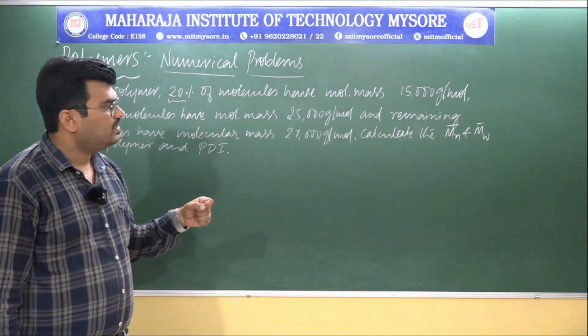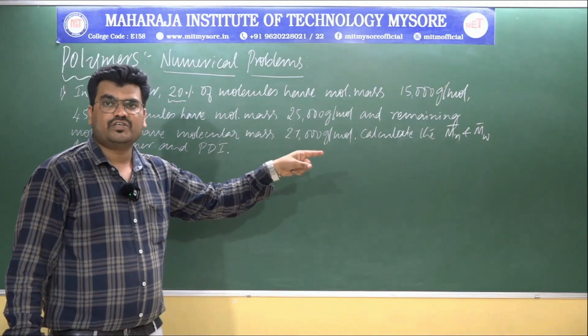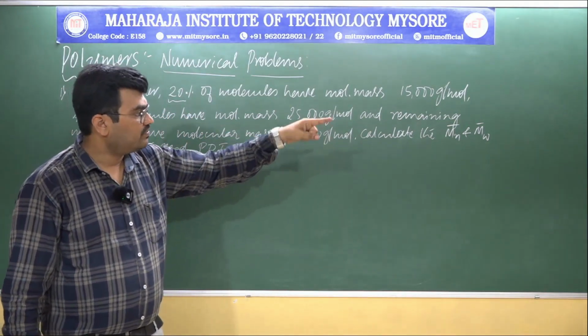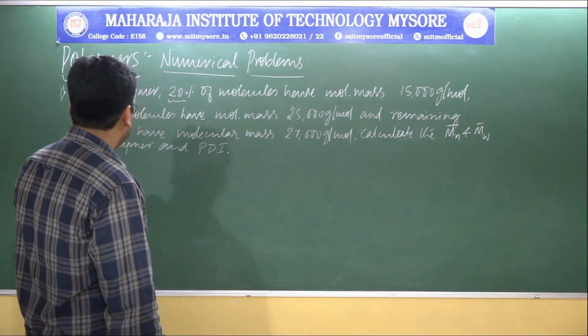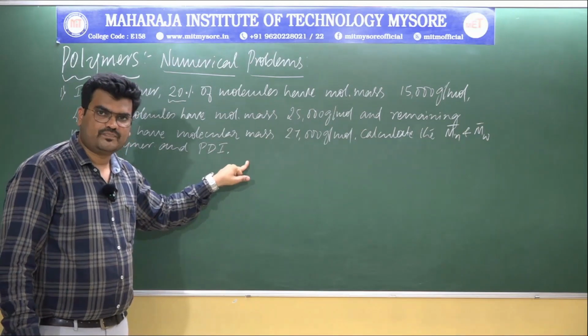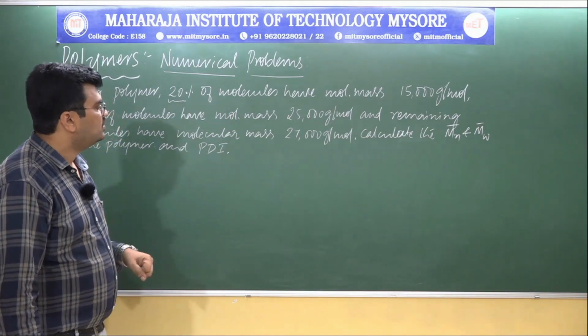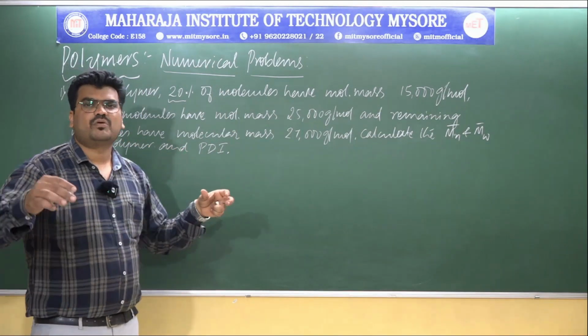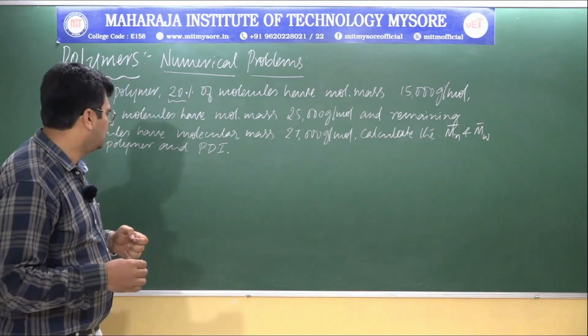We need to calculate both number average molecular weight and weight average molecular weight, and after that the polydispersity index. This type of simple problem is what they give in the final examination.